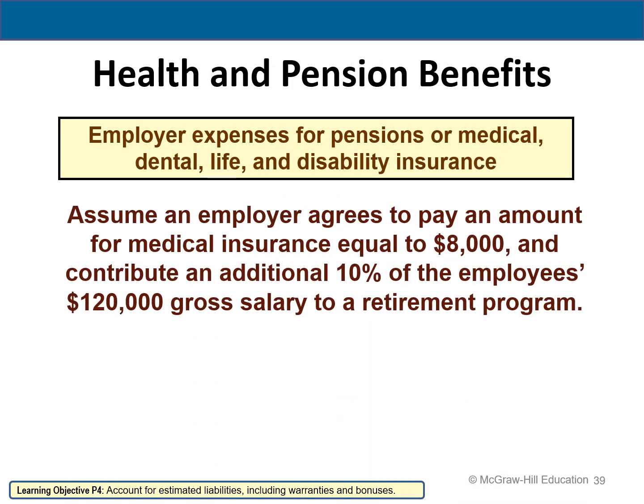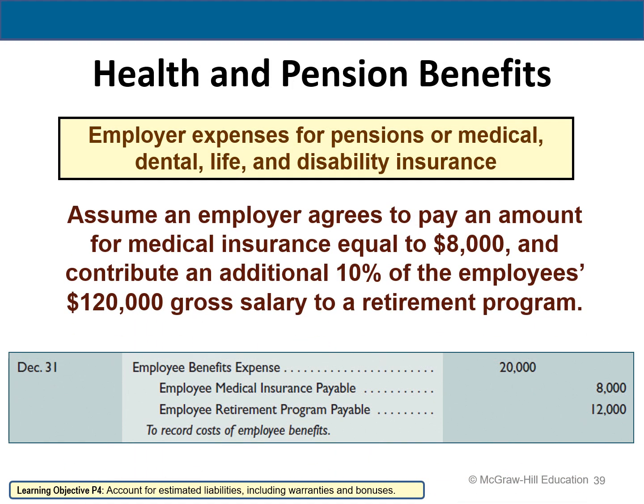All right, so health and pension benefits. These are employer expenses for pension or for medical, dental, life, disability insurance. So assume an employer agrees to pay an amount for medical insurance equal to $8,000 and contribute an additional 10% of the employee's $120,000 gross salary to a retirement program.